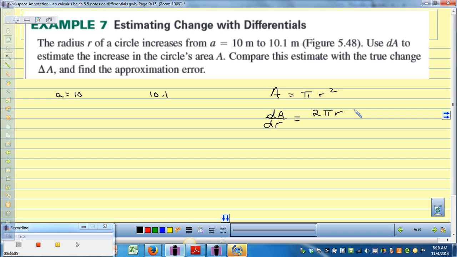No rate with time this time, okay? We have no rates given with time, so I'm just taking the derivative of area with respect to the variable radius. And so if I want dA, then dA is going to be 2 pi r, and then the dr can come over. Will not be dr dt, but we're just separating our differentials.